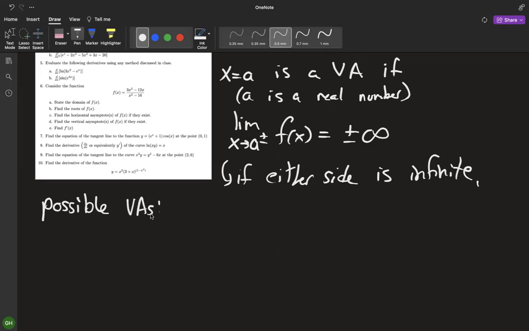Problem is that there are a lot of numbers and we can't feasibly check them all, but we can narrow it down quite a bit. The only way we could get a vertical asymptote is if we divide by 0. It can only be a vertical asymptote if f of a divides by 0.